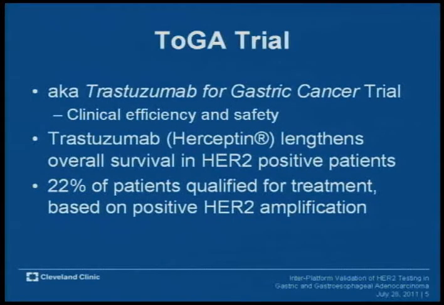Trastuzumab, also known as Herceptin, was what was being tested, and it has improved overall survival in HER2-positive patients by about 2.7 months, which is really a lot considering the average survival is only 1 year for gastric cancer patients. In this trial, 22% of the patients qualified for Herceptin treatment, and this was decided through positive IHC and FISH results.